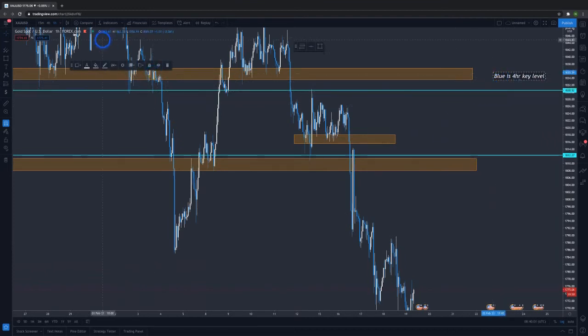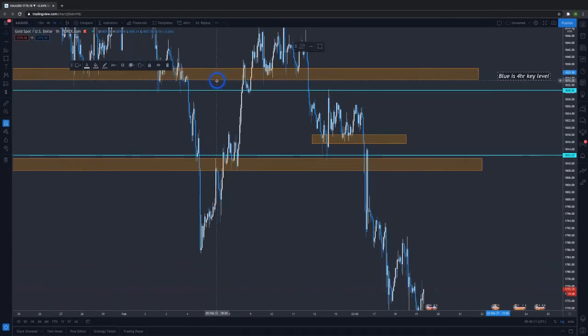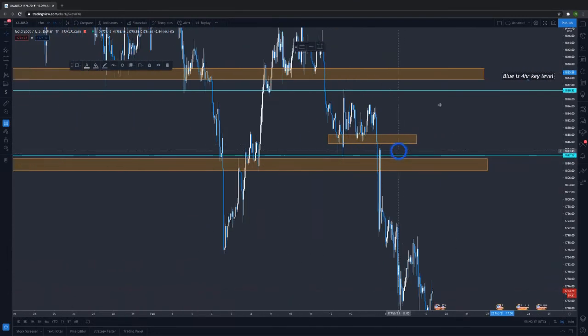The higher the time frame you're on, the stronger that support or resistance is going to be for price to respect that level, that area. And then your golden zones are pretty much intermediate key levels, key zones.